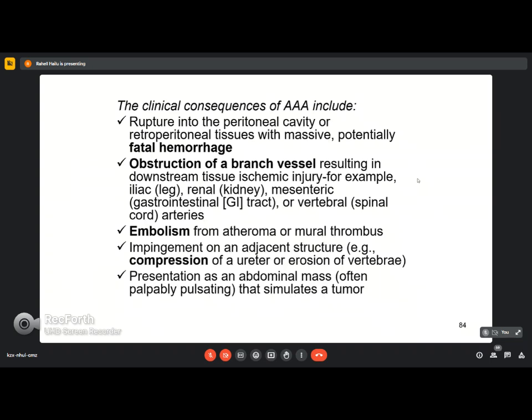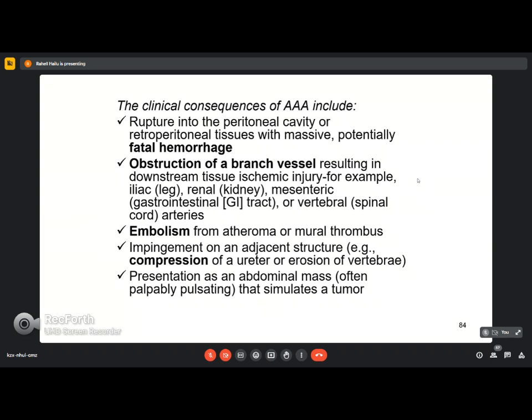And it can result in obstruction of a branch vessel, resulting in a downstream ischemic injury. These are the abdominal aorta, renal artery, or embolism. So as you know, a dilated vessel wall is much more prone to stasis, and it's much more prone to the formation of thrombus.